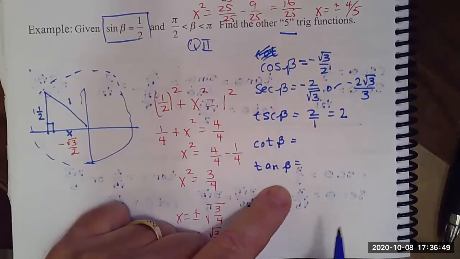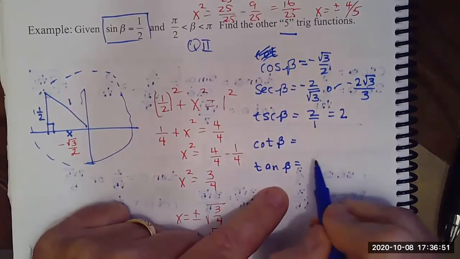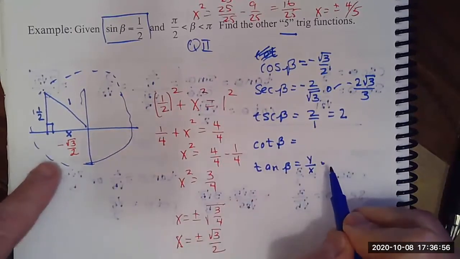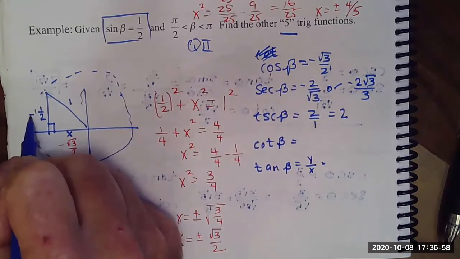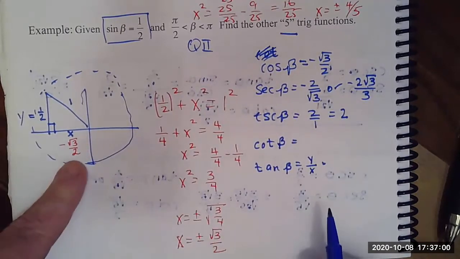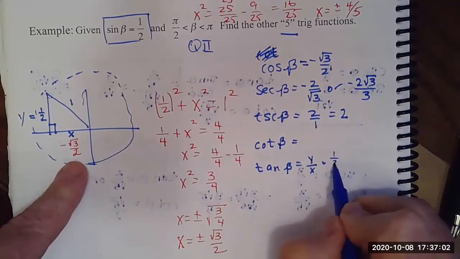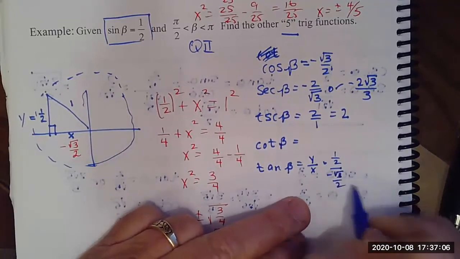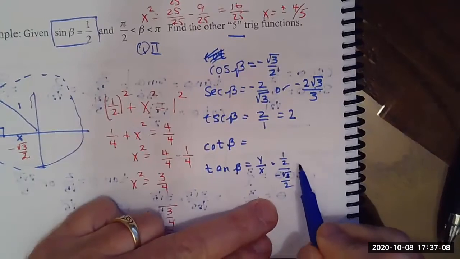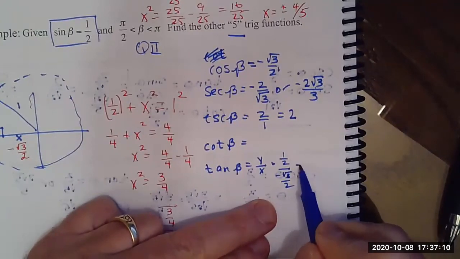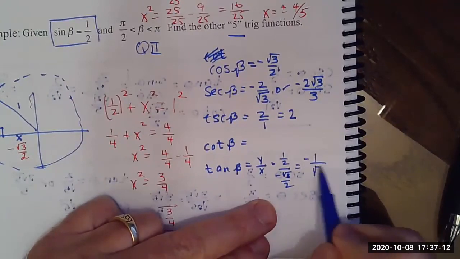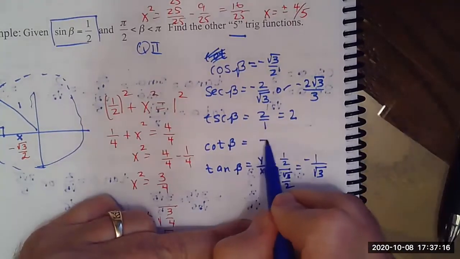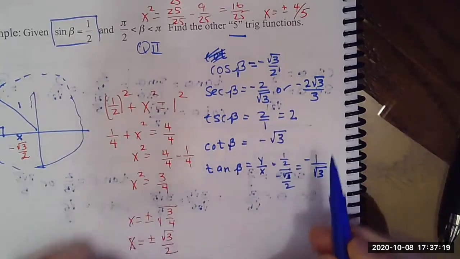Okay, tangent is y over x. This is your y right here, over x. So 1/2 over negative root 3 over 2. 2's cancel. You'll find out that this is negative 1 over root 3. And cotangent would just be the reciprocal of that. So negative root 3.